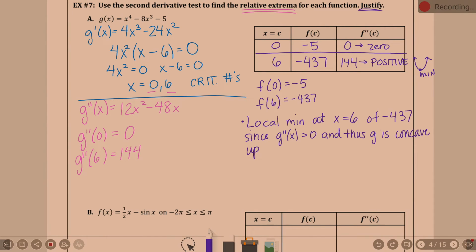And then we could also say no conclusion at x equals 0 since G prime of 0 or x is 0.